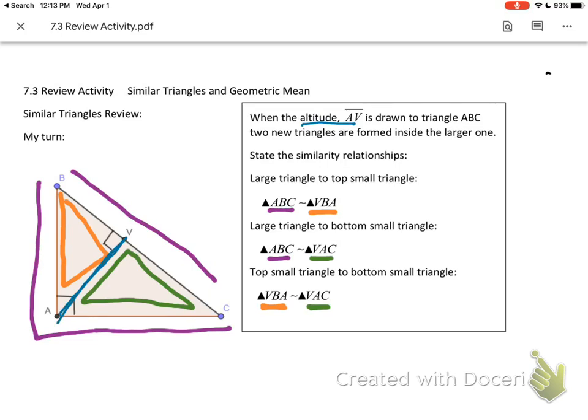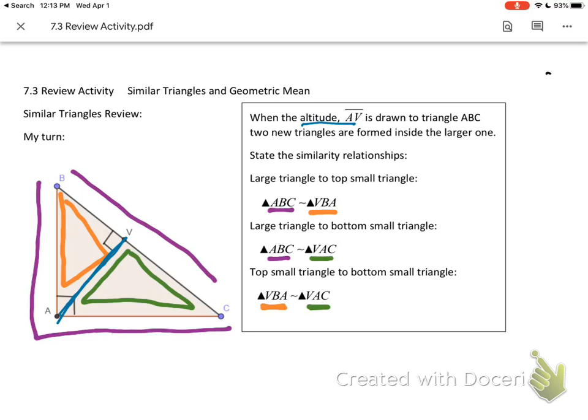When the altitude AV is drawn to the triangle ABC, two new triangles are formed inside the large one. I colored one in orange and the other one in green, and the big one I outlined in purple. Then I asked you to state the similarity relationships.